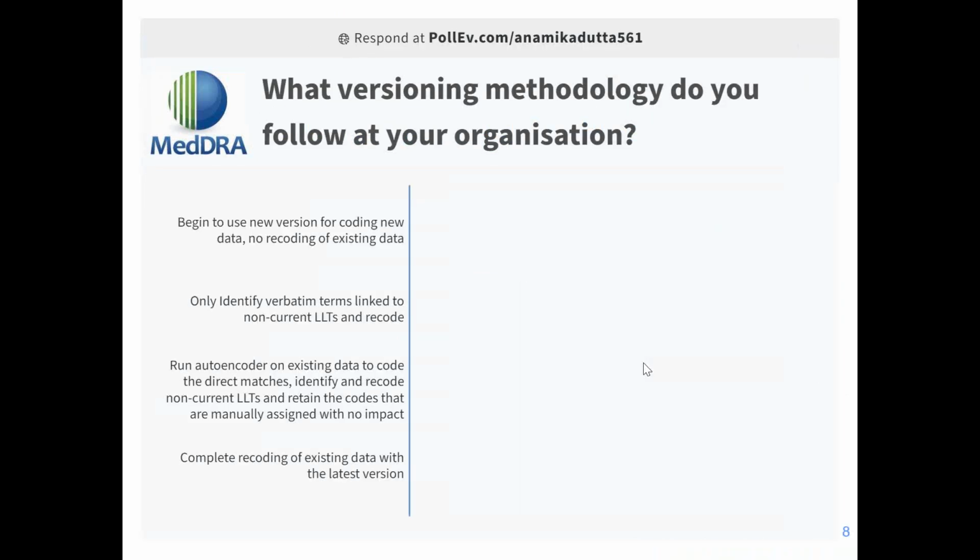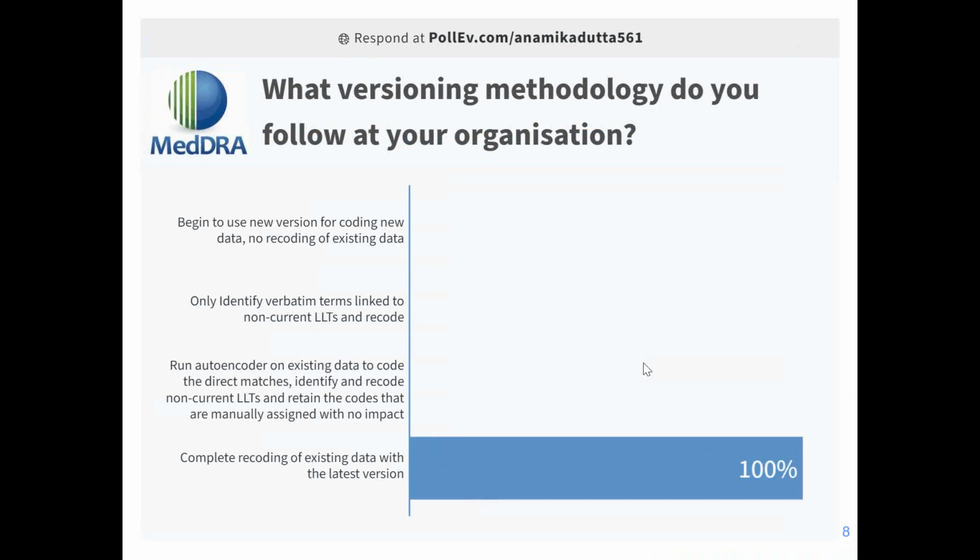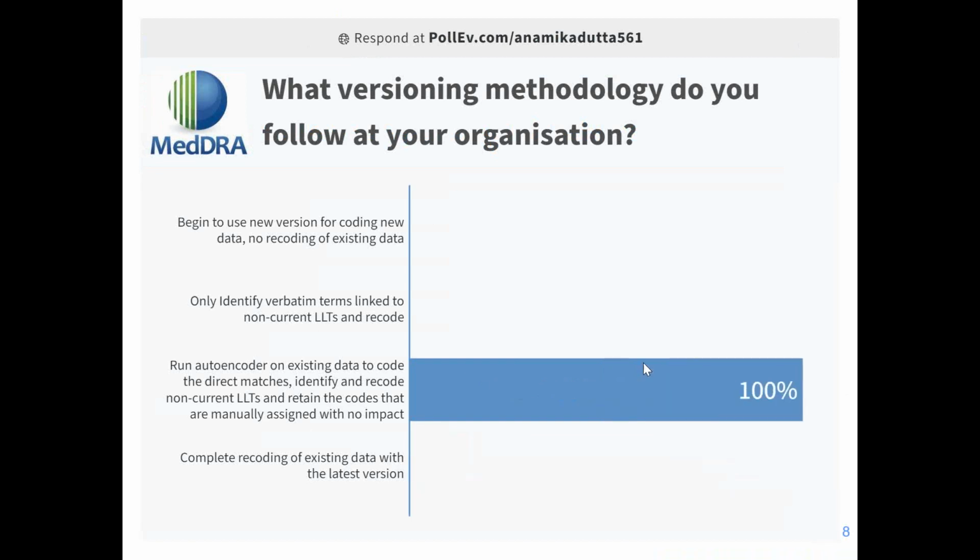All right, now as a segue into our first topic on versioning, we wanted to ask a versioning question to see what people did with respect to versioning MedDRA. You've got four choices here. The first one is, do you just use a new version for coding new data and you don't recode the existing data? Do you only identify the verbatim terms that are linked to non-current LLTs and just recode those?